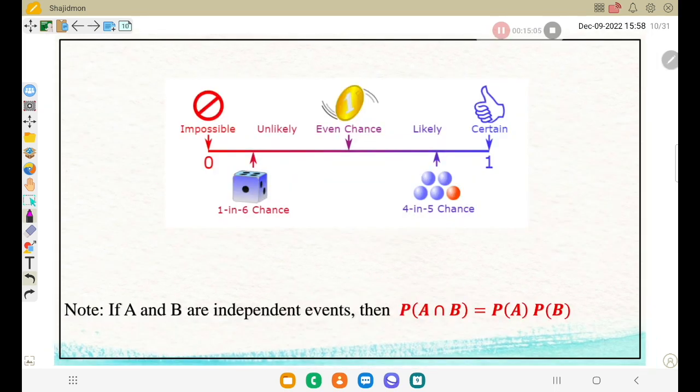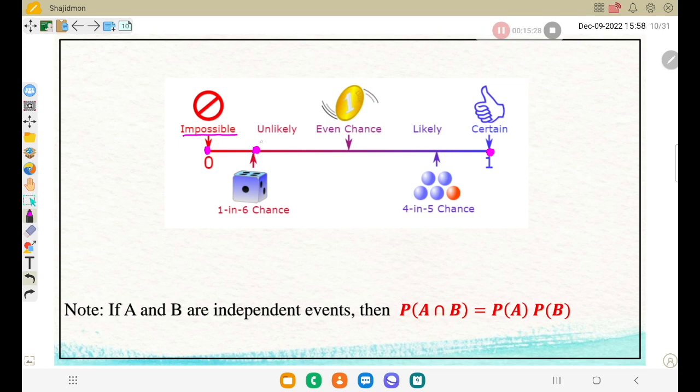Now, one picture you can see here: probability values start from 0 and end at 1, in between 0 and 1. What is the meaning of 0? An impossible event; it will not happen, correct? So that type of event has probability 0. Now, an unlikely event means a very rare chance of happening, like 25% happening.